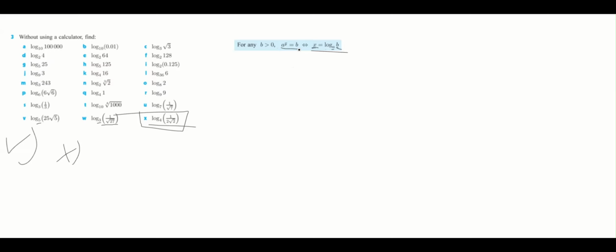We plug that into the equation: 4 to the power of x, because in this statement it's a to the power of x, and since we don't know what x equals, we keep it as a variable, equals 1 over 2 root 2, because that's b.